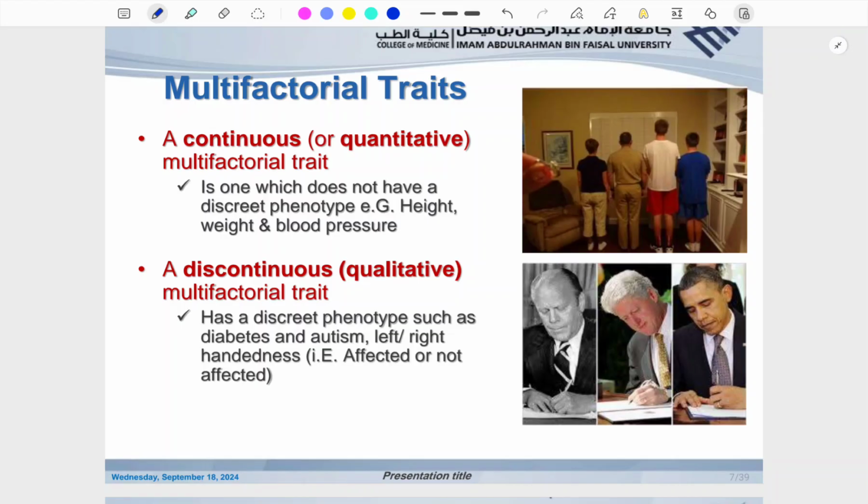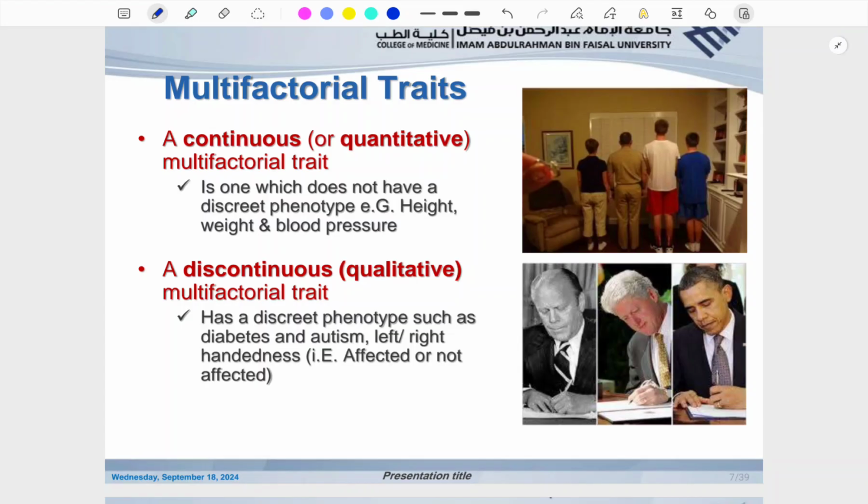Does everyone have a height of 1.5 and the other group another? We don't. If you look at us all, we probably differ completely in height. You understand? So there is no discrete number: height, weight, blood pressure. Even in the same family, there is no discrete number.